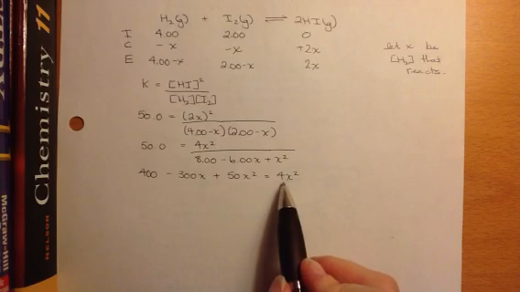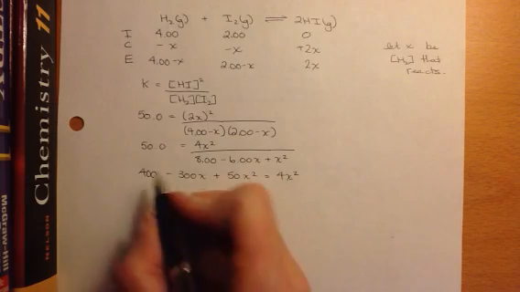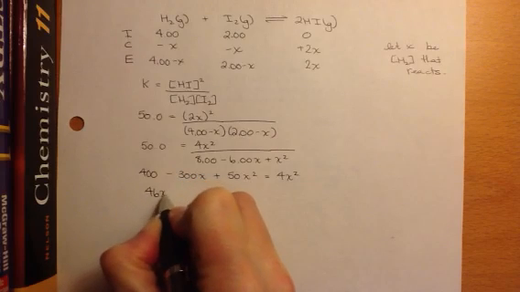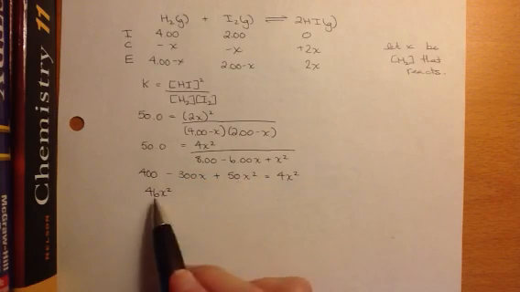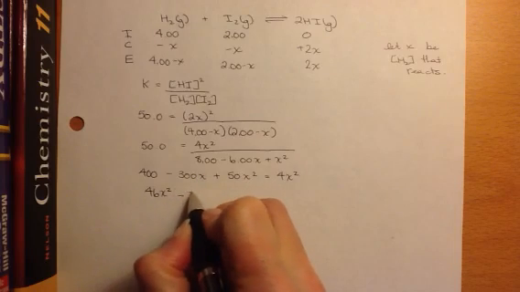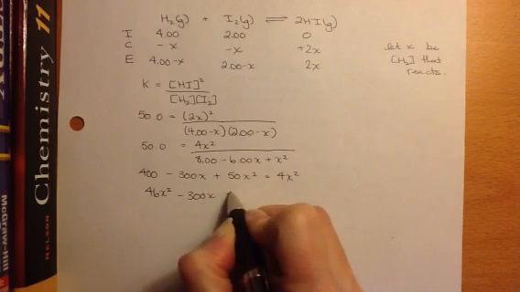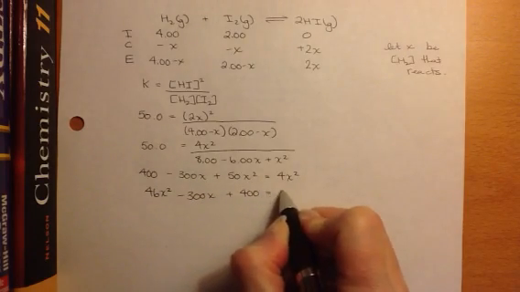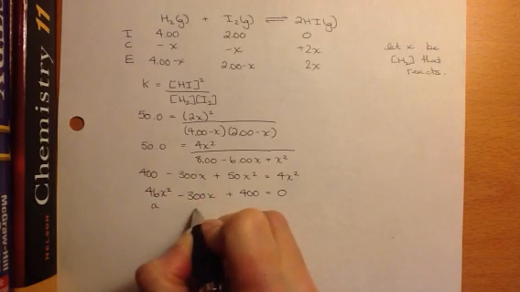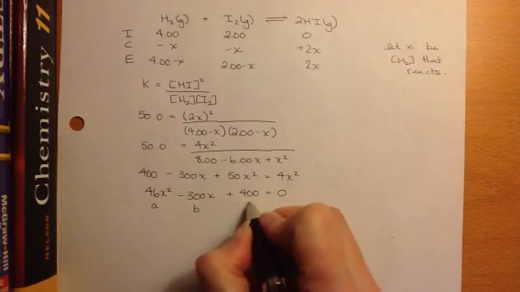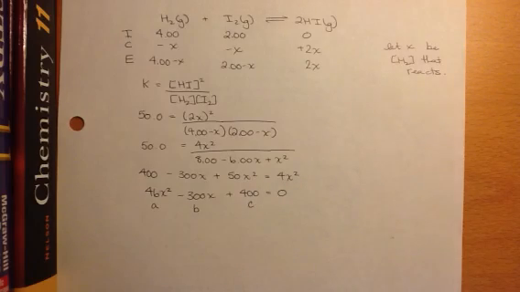We're going to have to subtract 4x squared on both sides. So that will give us 46x squared, because when you subtract 4 from 50, you get 46. The minus 300x remains unchanged, and the 400 remains unchanged, and that is equal to 0. So our A value is 46, our B value is minus 300, and our C value is 400.